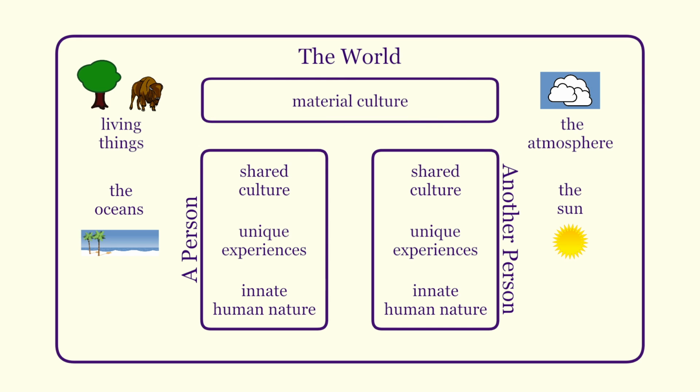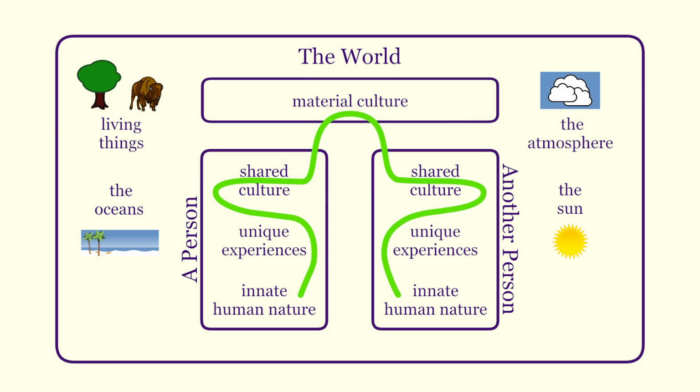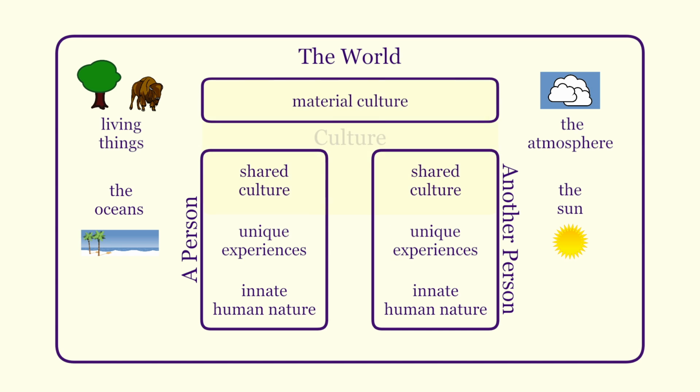Likewise, many of our interactions with the wider human world are mediated through technologies like books and phones and airplanes that are part of our material culture. So culture, both the material side and the non-material side, serves as an interface between each of us and the wider world, both human and non-human.